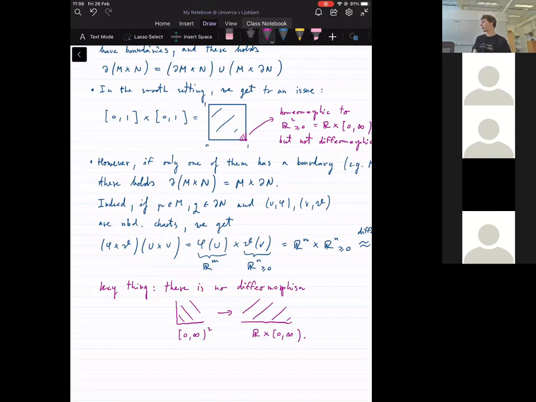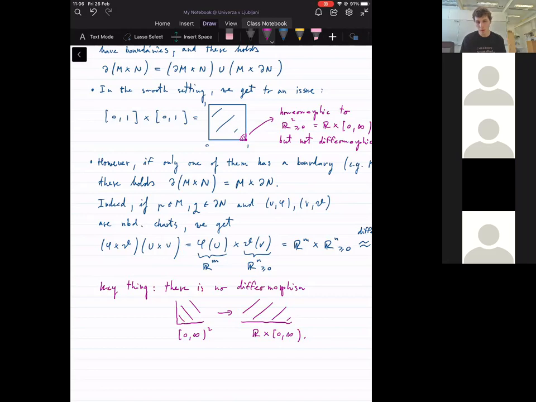Now, maybe to be a little bit more pragmatic, one may always define tangent vectors, for example, on the boundary of this R times [0, infinity). This is done with outward pointing vectors and inward pointing vectors.